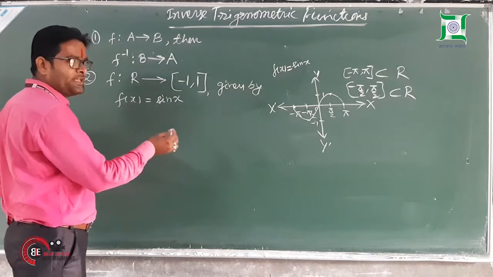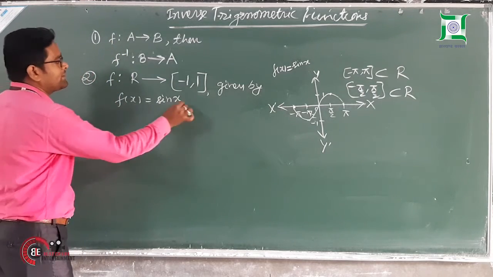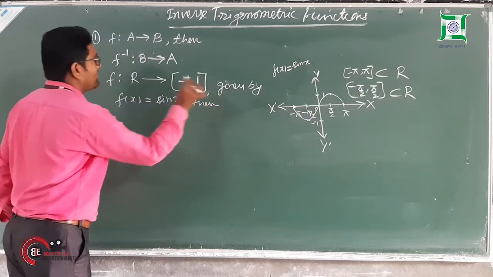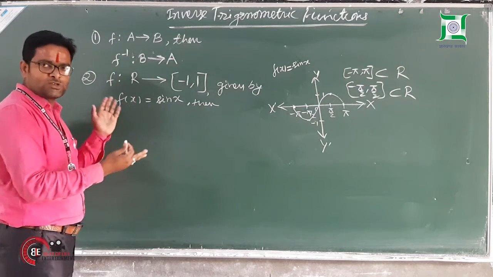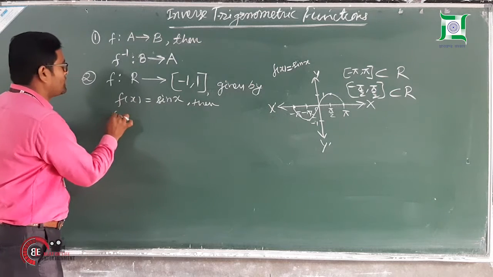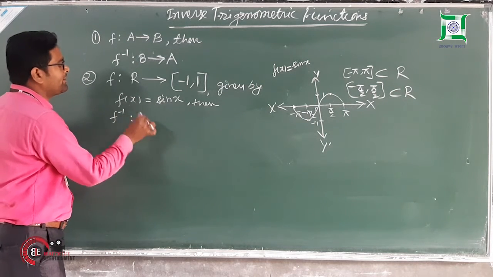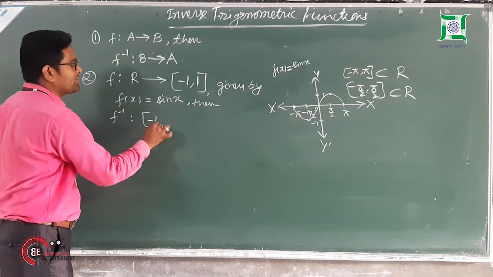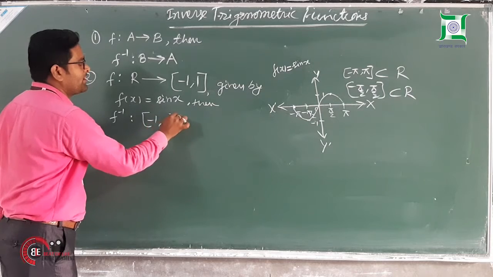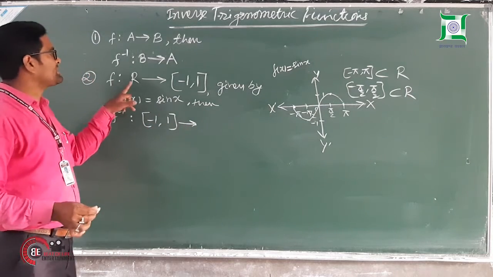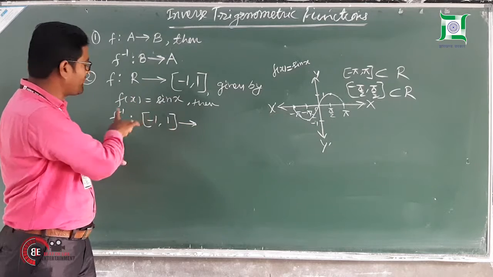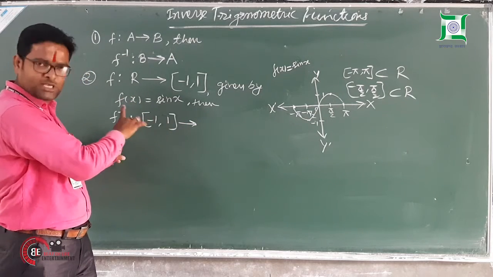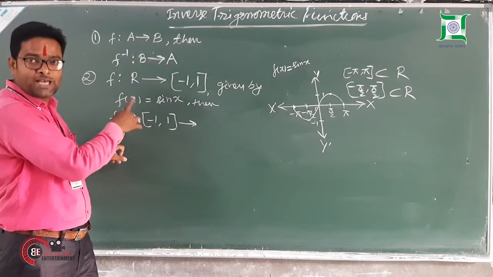So how will we define it? As I have told you earlier, here the function is already one-one and onto. So f inverse will be given by this, f minus 1, as the range becomes the domain. And here I will restrict this domain as the range of the inverse trigonometric function, especially here the inverse sine function.